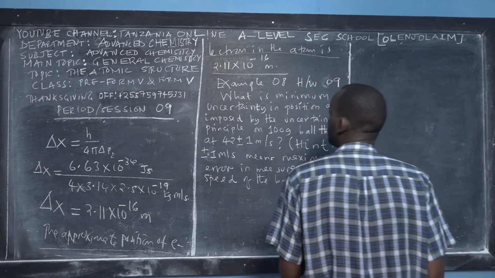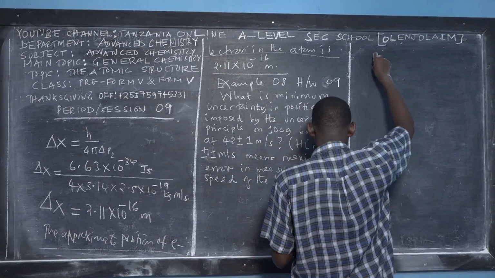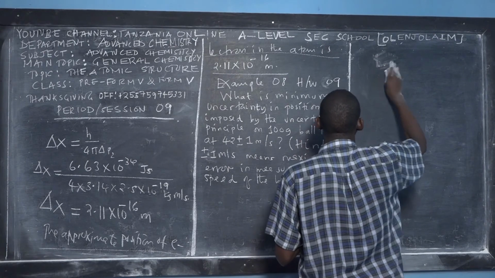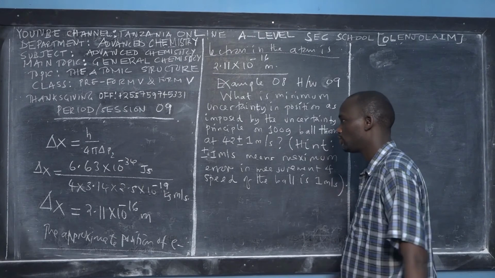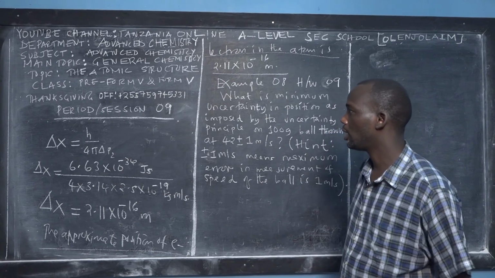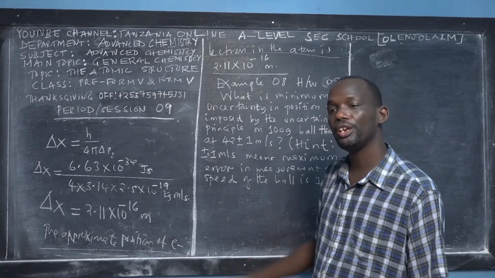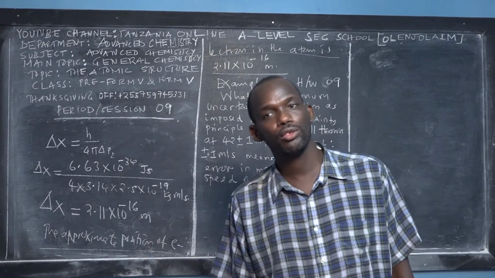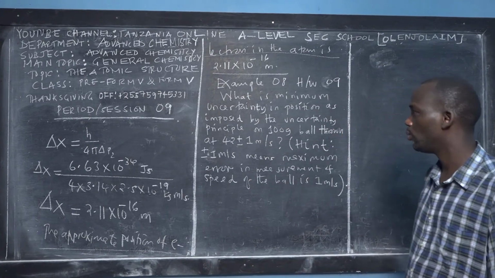The concept is called the concept of wave. But I think this is the end of session 09. Join me in session 10, where I will be teaching you about the wave duality nature of electrons, so that you'll enjoy the whole concept.